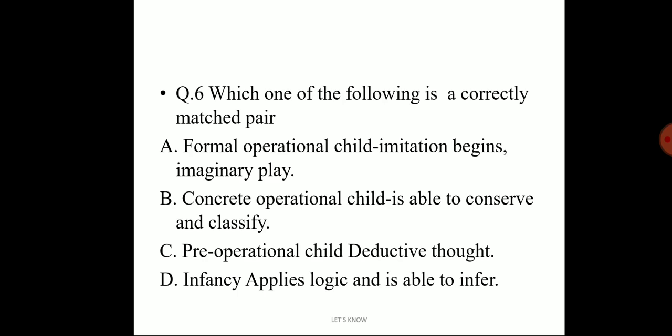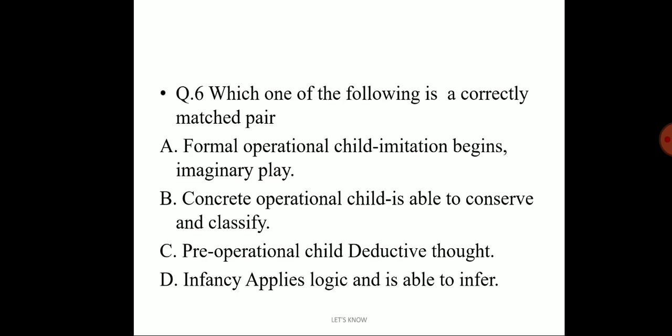Which one of the following is a correctly matched pair? Options are given: formal operation, child imitation begins, imaginary play. Two things are given: child imitation begins and imaginary play. Imaginary play is correct because hypothetical thinking occurs at the formal operation stage, while child imitation, that means copying, is not at the formal operational phase.